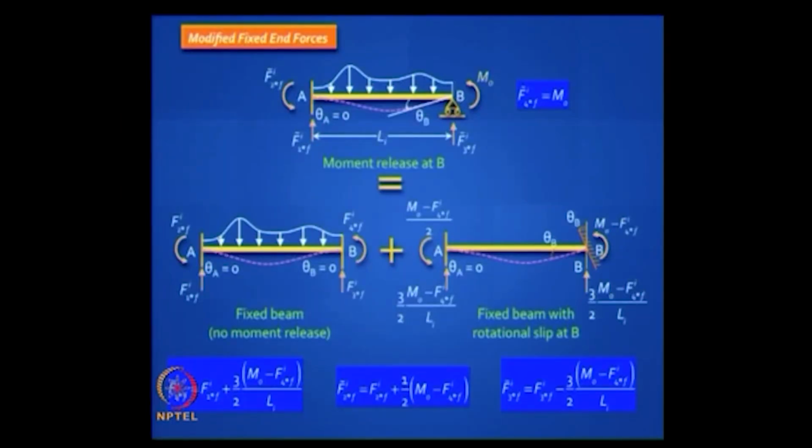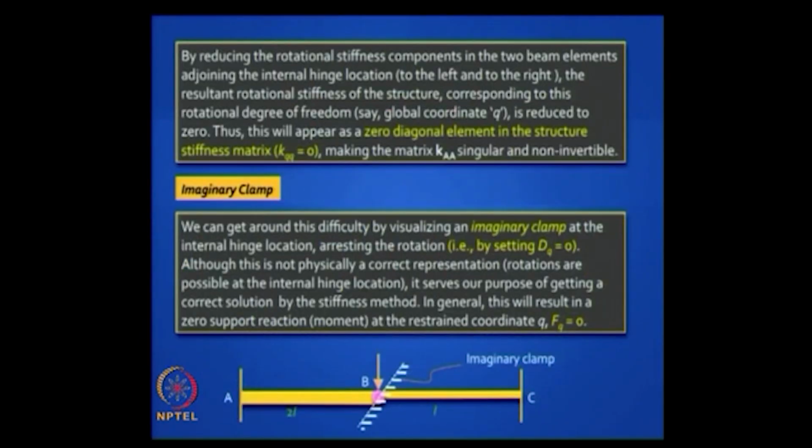So we are just refreshing something that we did earlier, and we also know that we need to modify the fixed end forces where you have a moment release. Essentially the fixed beam will become like a propped cantilever, and you need to modify the fixed end moments. Then finally, we will end up with a zero stiffness corresponding to the degree of freedom where we have the moment release, because we shift that global coordinate from the active category to the restrained category.